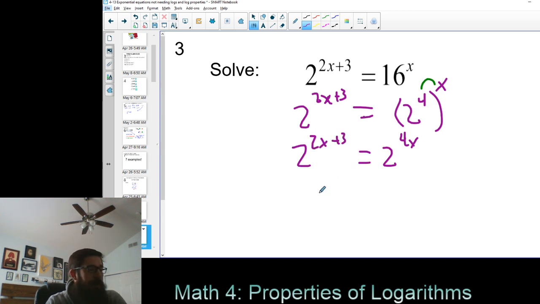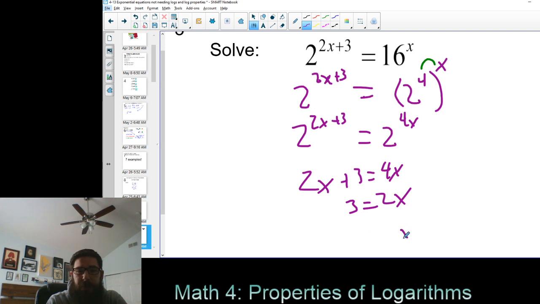Since I now have equivalent bases, they're both 2's, I can effectively ignore them, giving me just 2x plus 3 equals 4x. If I subtract the 2x on both sides, that'll give me 3 equals 2x. Divide both sides by 2, I'm going to get x equals 3 halves, or 1.5. I only had to rewrite a single base here, unlike the previous problem where I had to rewrite both bases.